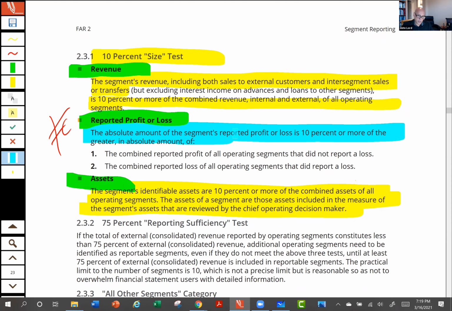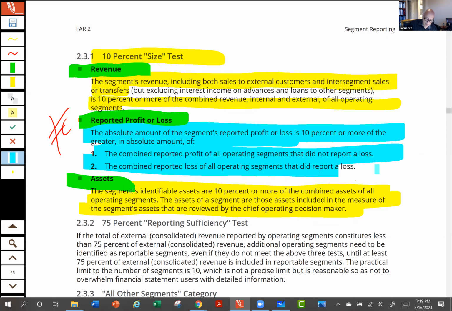I will multiply the bigger of those two numbers, either the profit number or the loss number, by 10%. And any segment on an absolute value basis that has a profit or a loss equal to or greater than that 10% number is going to be a reportable segment. Okay, so these are the 10% tests.